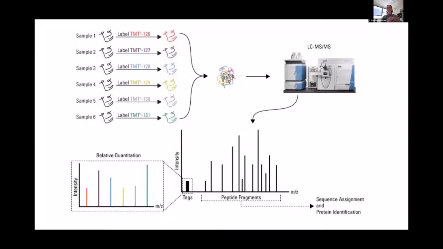And so you're eliminating some of that instrument variability from run to run, and you're eliminating those data dependent acquisition effects. If you were to do the GLC approach that I talked about, where you run a sample on a gel and fractionate it, it's not labeled, it's a label-free approach. Then when you submit those peptides into the mass spectrometer, every sample is loaded individually, and each of the gel fractions is loaded individually.